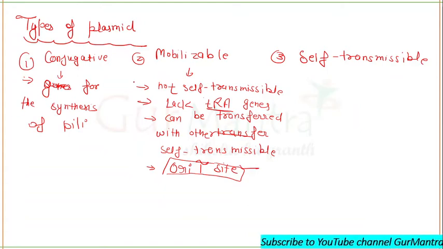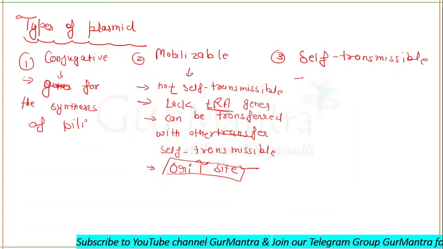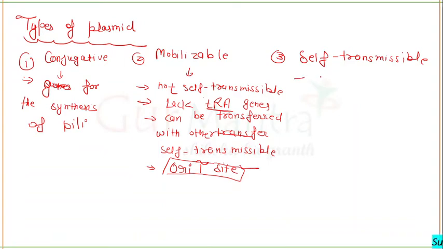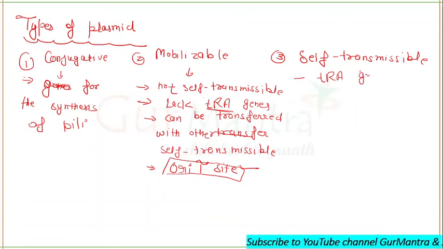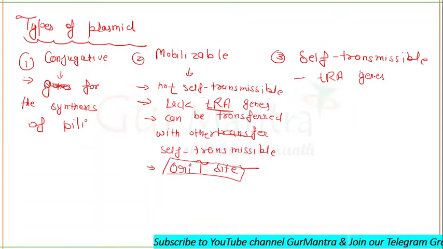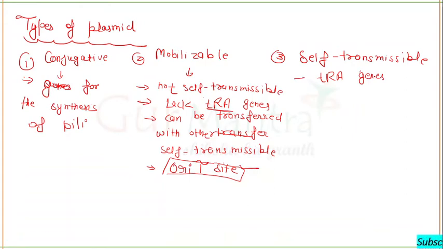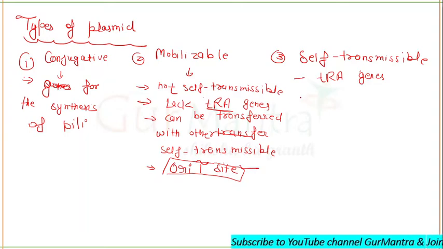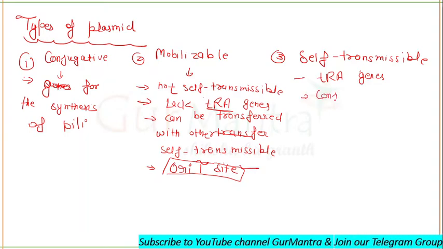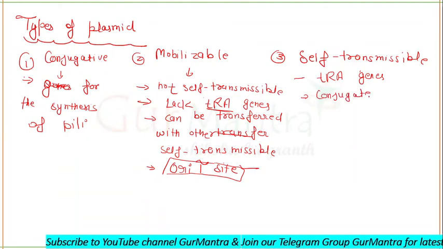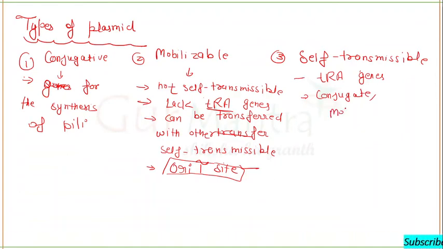And the third one is the self-transmissible. Such plasmids definitely have TRA genes, and they encode all the proteins required for transfer between donor and recipient. It is both conjugative and mobilizable.